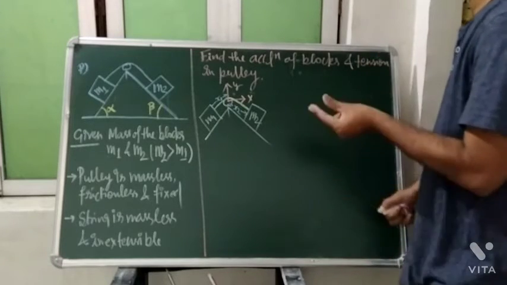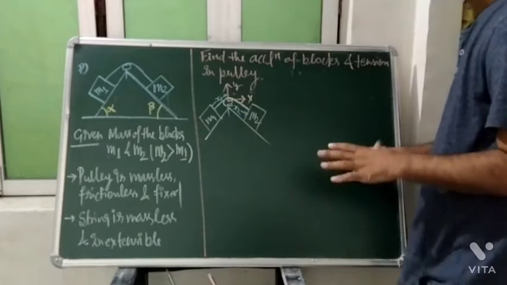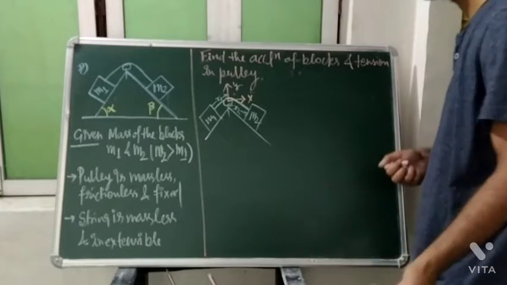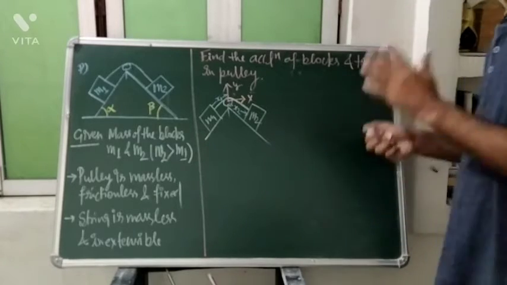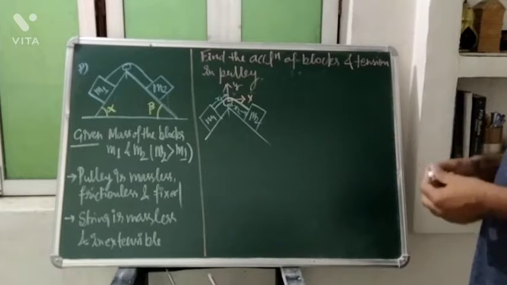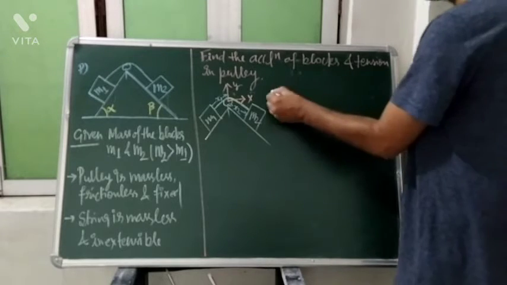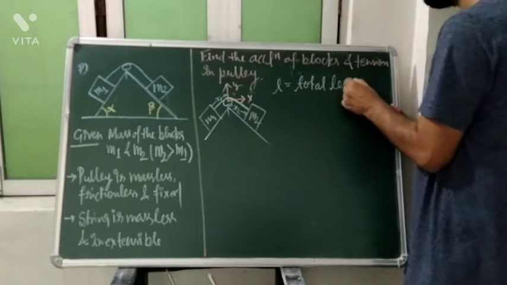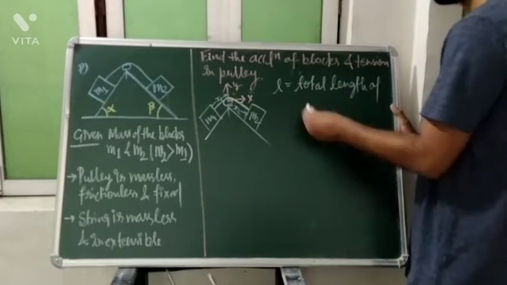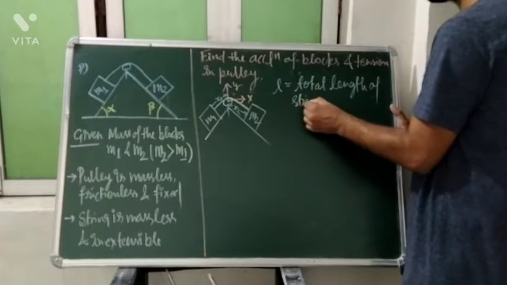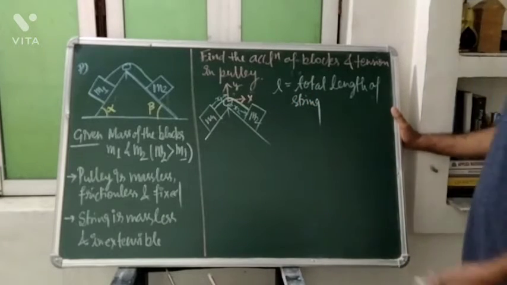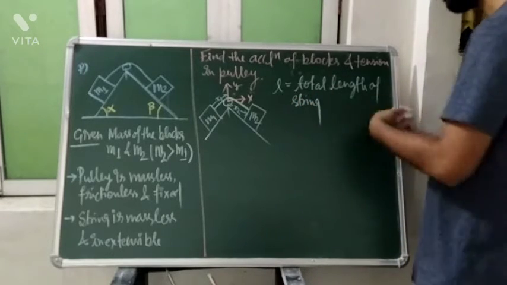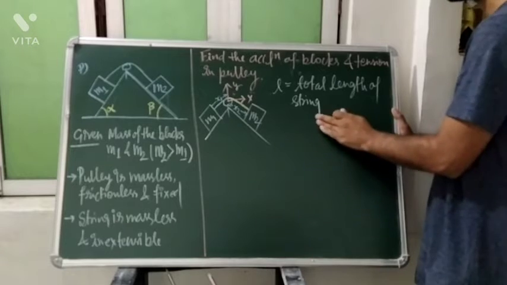That distance will become minimum when you have studied your 9th and 10th class conceptually. Okay? And suppose we are saying that L is representing the total length of the string. If you have not studied, then also it will become easy if you are following these things.